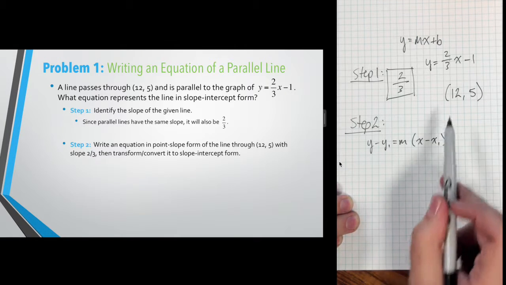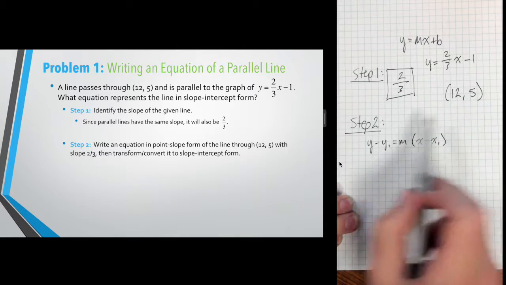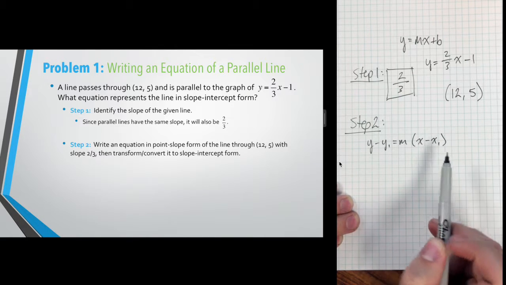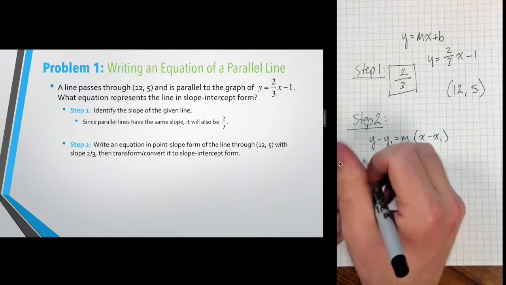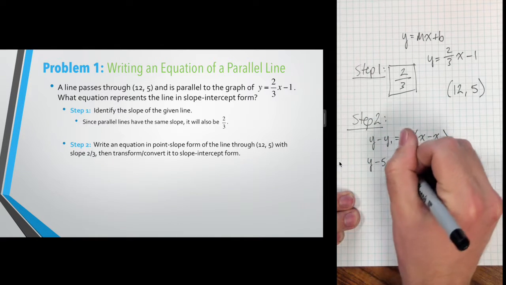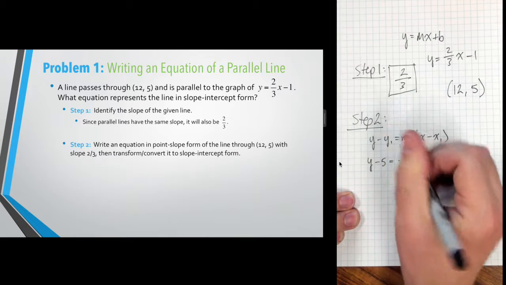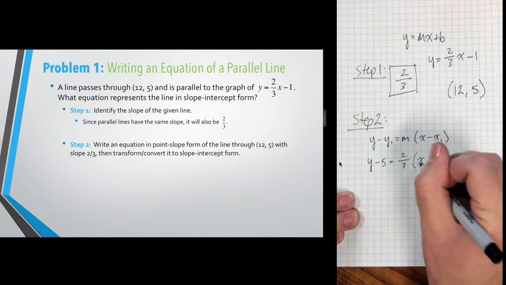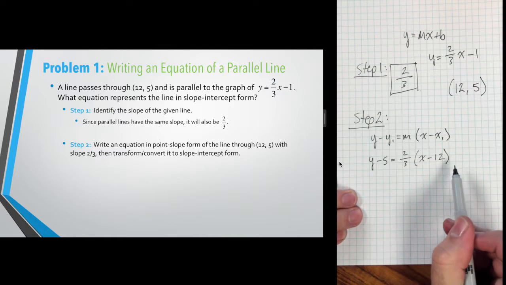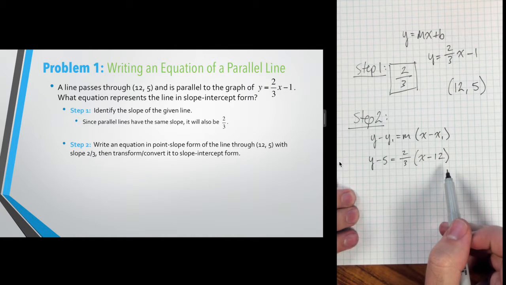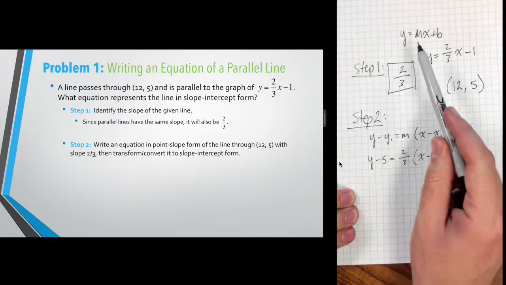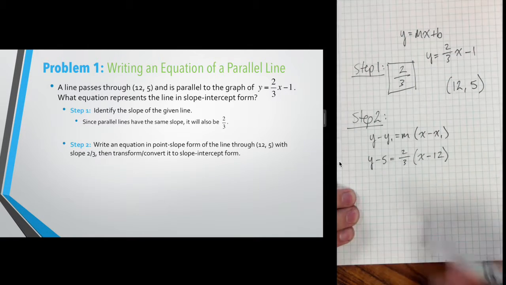And the reason we're doing that is because here's a point and here's a slope. So we can write it in point-slope form. We know how to do that. It's easy. So we write y minus 5 equals 2/3, that's our slope, times x minus 12. Now we have it in point-slope form. Now we can take this and make it look like slope-intercept form. And here's how we do it.